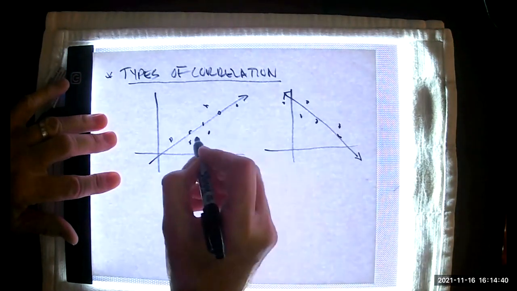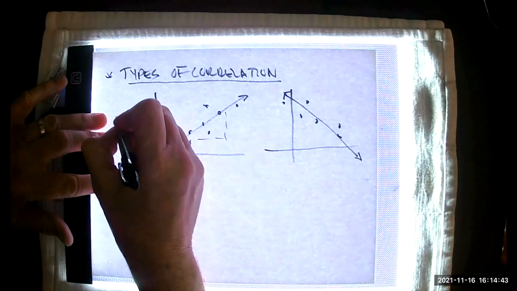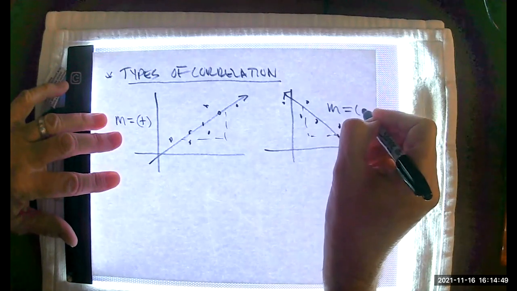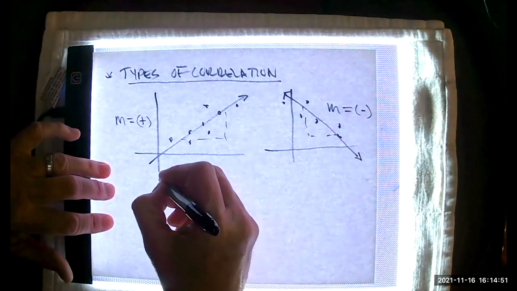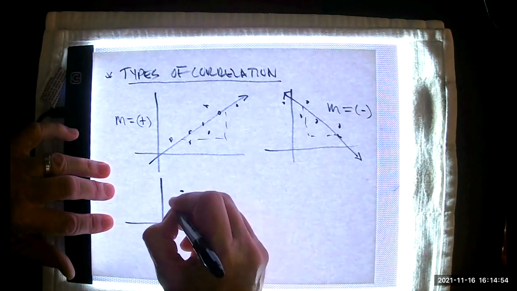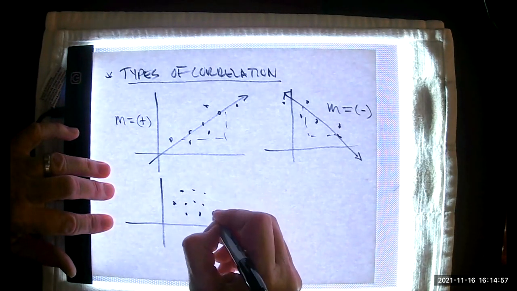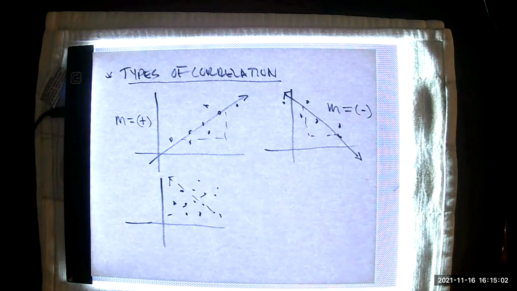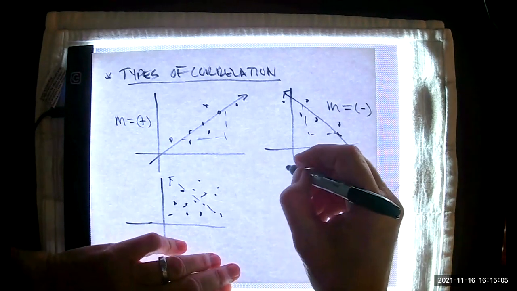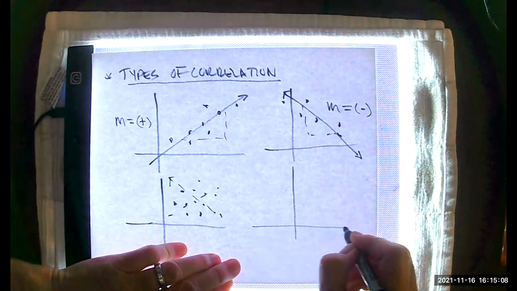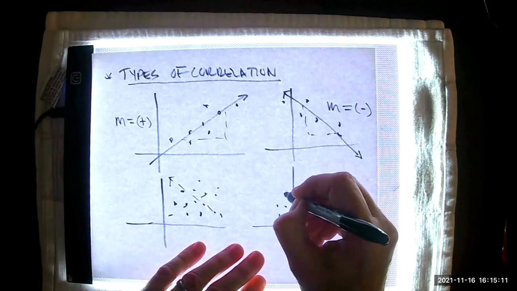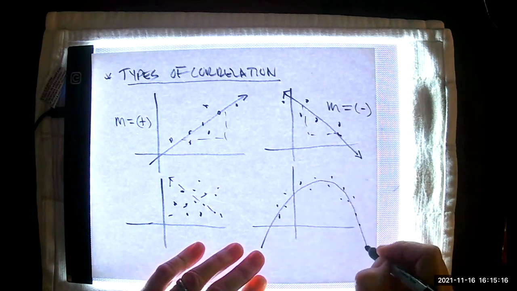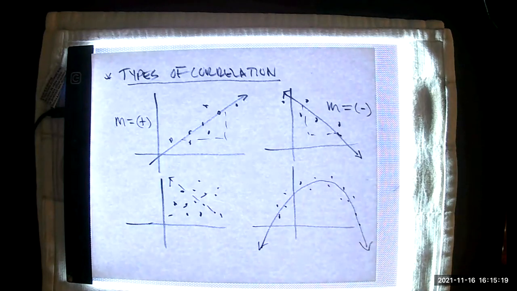I'll remind you that a line such as this has a slope that is positive, and a line such as this has a slope that is negative. Some graphs have no real pattern at all. So you really can't fit a graph in there in any way, shape, or form. It doesn't look anywhere near line-like. Other scatter plots follow different patterns that you may remember from your algebra sequence of courses. For example, a parabola.